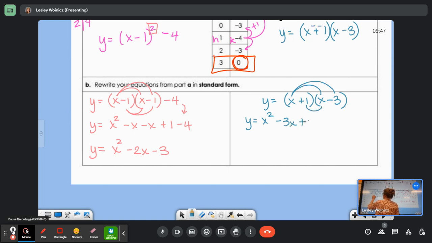And 1 times -3, -3. And then I have just one pair of like terms to combine. So -3x plus x gives me -2x minus 3. And they match.